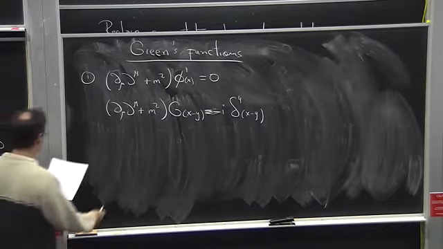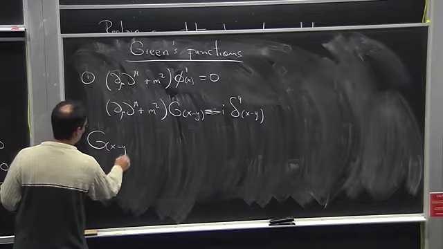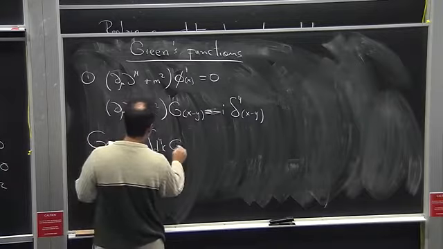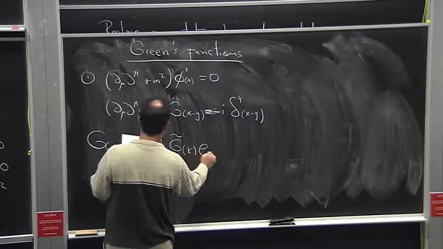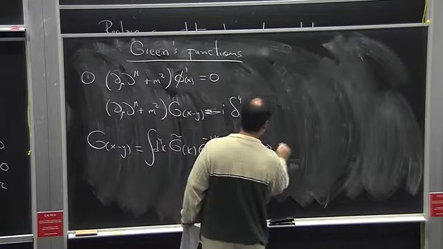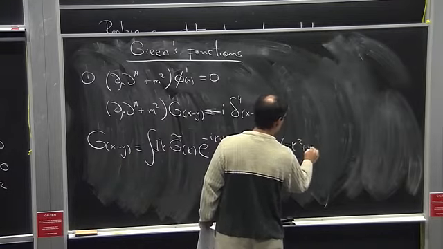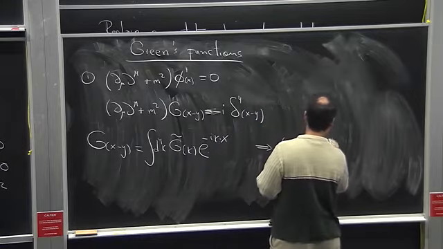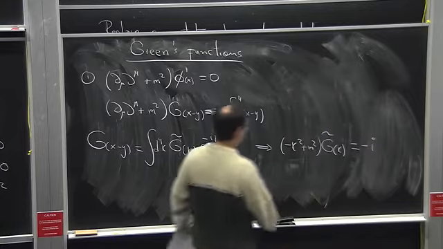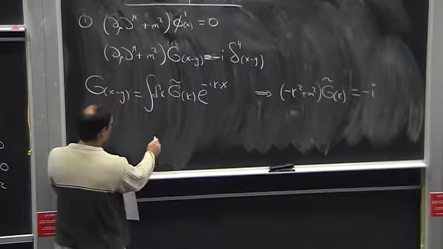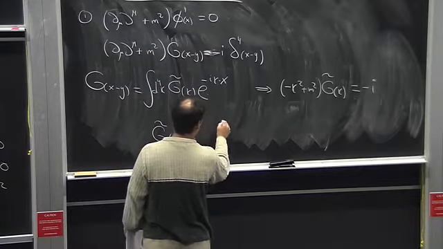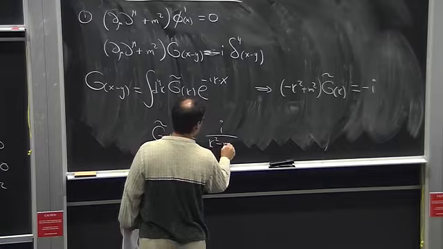So when we go to momentum space, so the trick to solving this is just to go to momentum space and solve the equation in momentum space where it becomes algebraic. So if this is the case, then the equation we have to solve is minus k squared plus m squared equals to minus i. And from here, we conclude that this was i over k squared minus m squared.